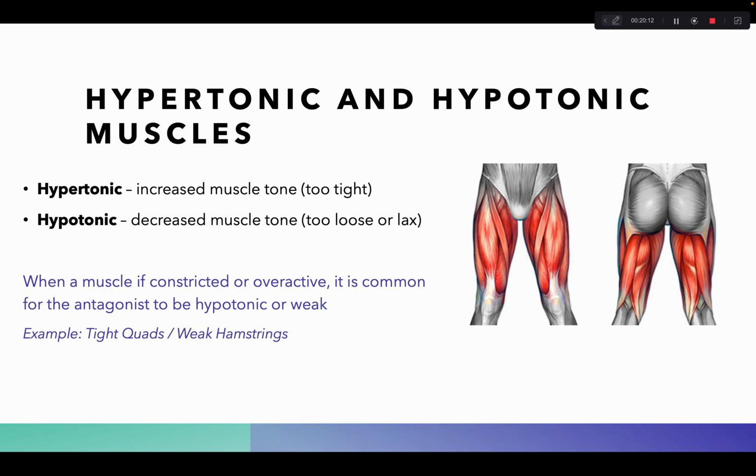So typically, for best results, if you are working with somebody, you might want to suggest they seek an athletic trainer, or just go on their own and look for exercises on YouTube maybe that might help strengthen the weak areas. But remember, if one side's hypertonic, the other side, the antagonist, is typically going to be hypotonic. It's very common.